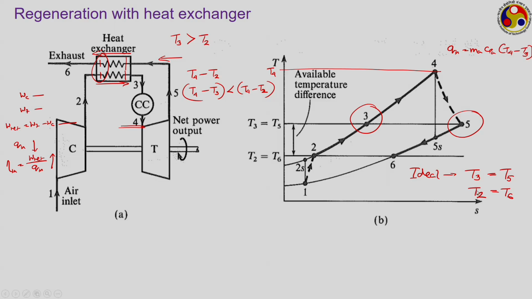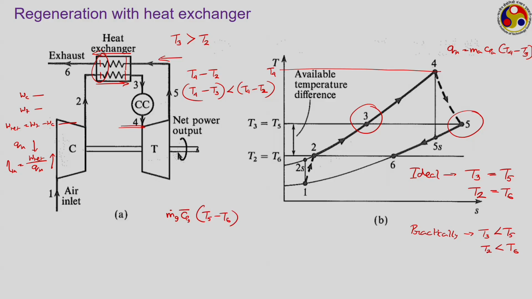Therefore, practically, your T3 will always be less than T5 and T2 will always be less than T6. If we neglect any kind of heat loss from the system, then the total amount of energy rejected by the gas can be represented as mass flow rate of the gas into Cp for the gas into the temperature change of the gas, which can be written as T5 minus T6.